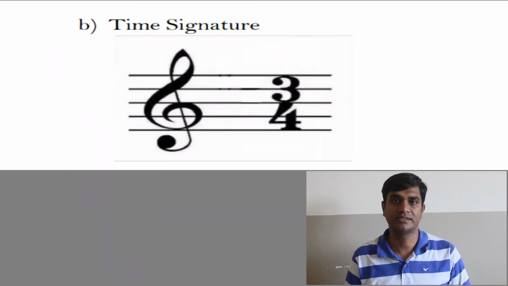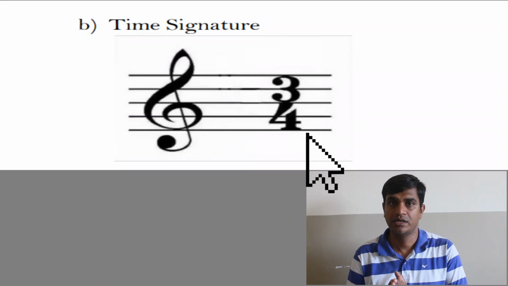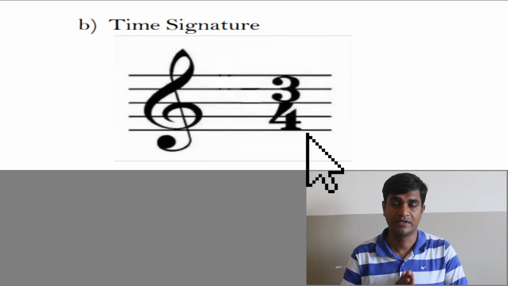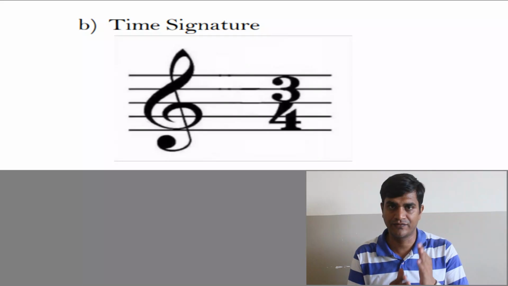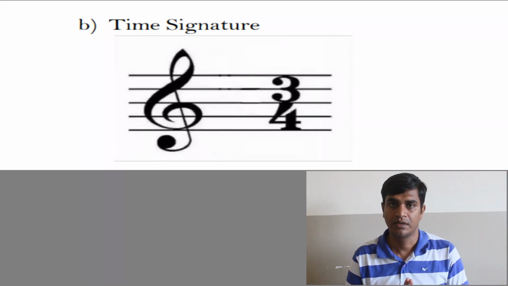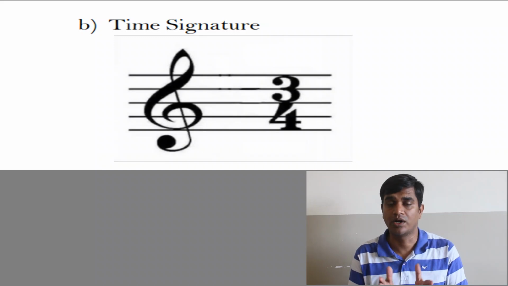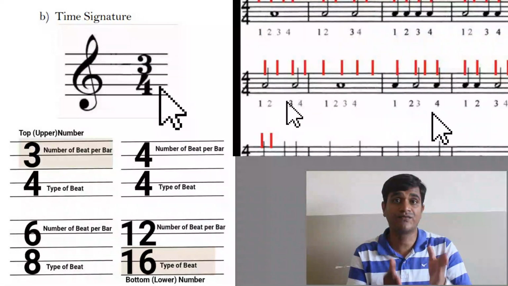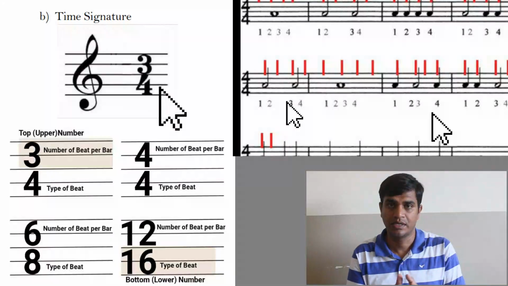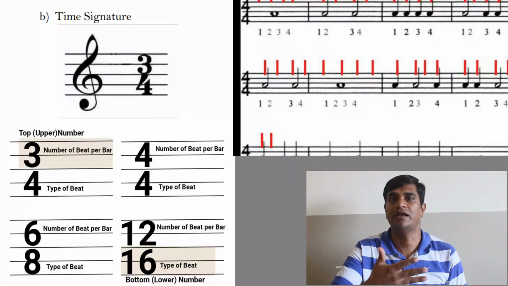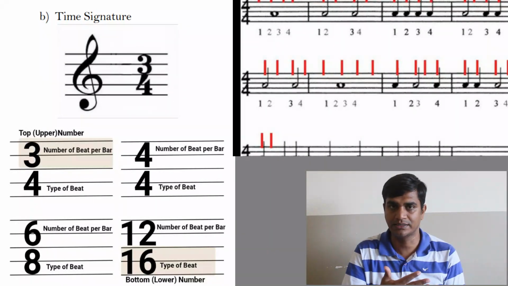Time signature is written in the music sheet soon after the clef. Please listen. Time signature is the number of beats in a bar, in the staff of 5 lines, as I said in the previous class.